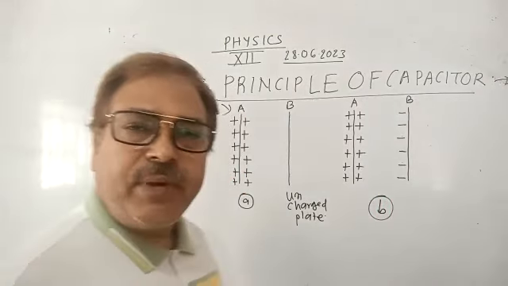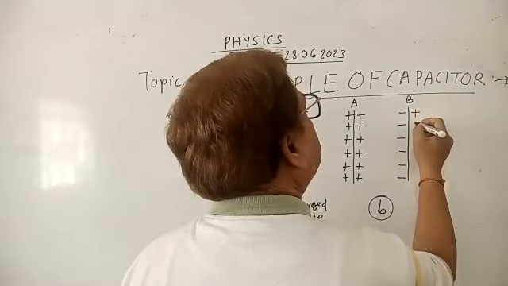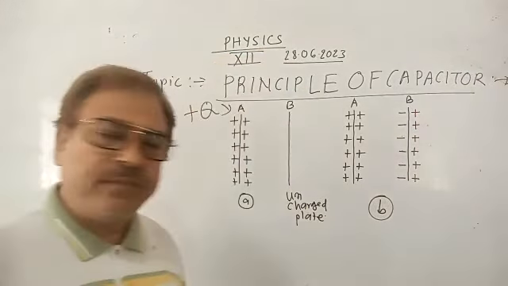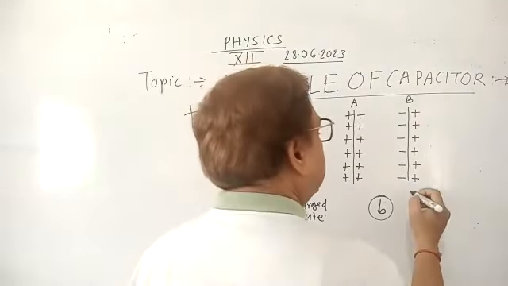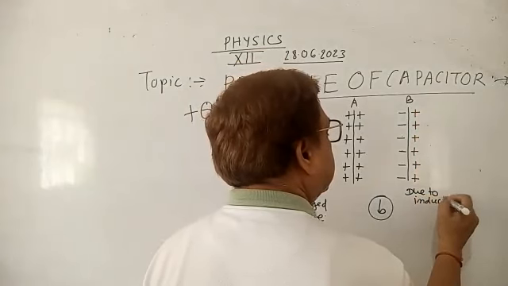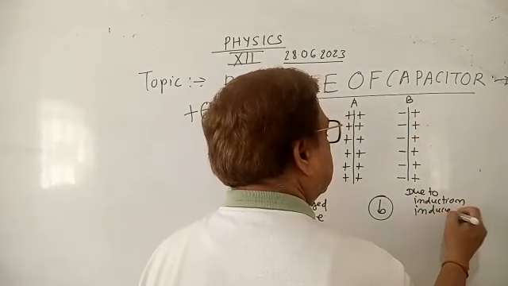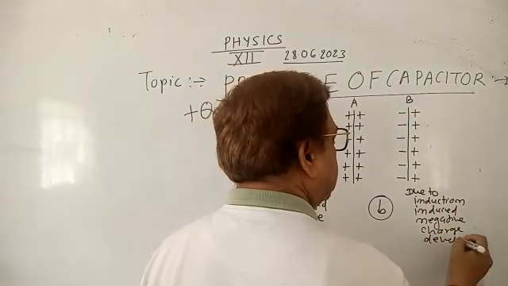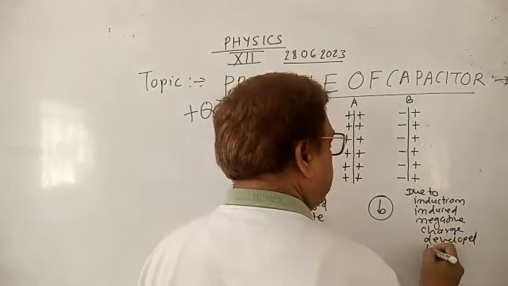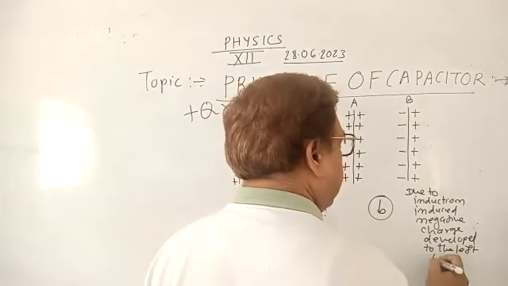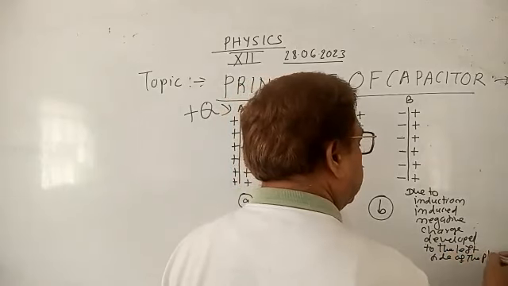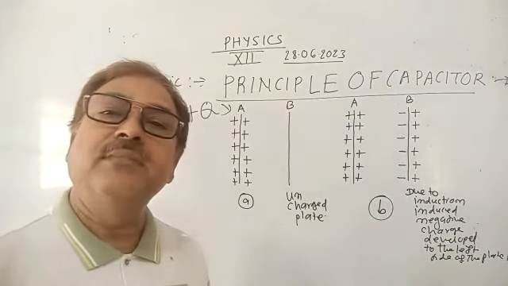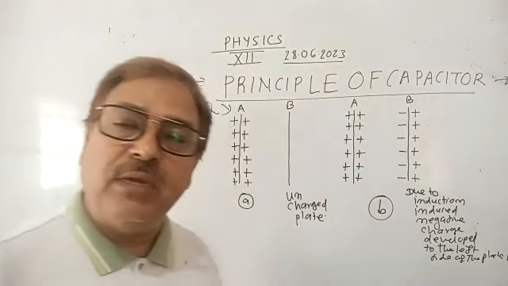This is nothing but the induced positive charge developed on the right side of plate B. So in the second stage, we see that due to induction, induced negative charge develops on the left side of plate B, and at the same time, induced positive charge is also produced on the right side of plate B.